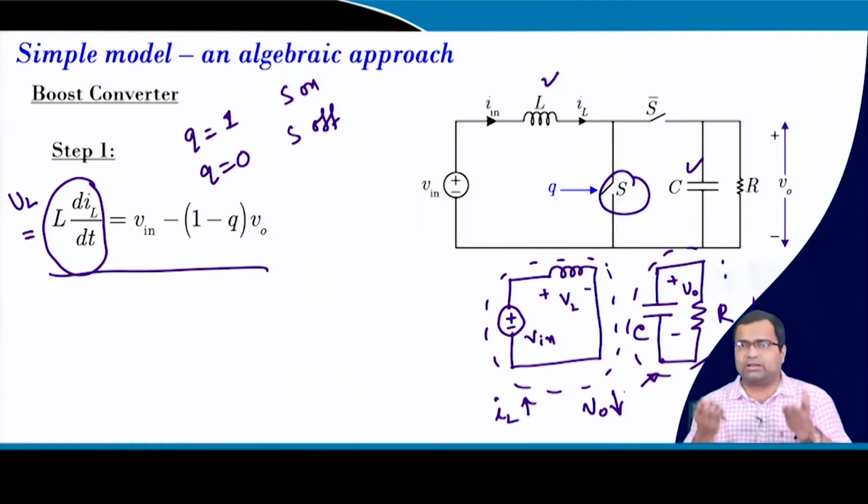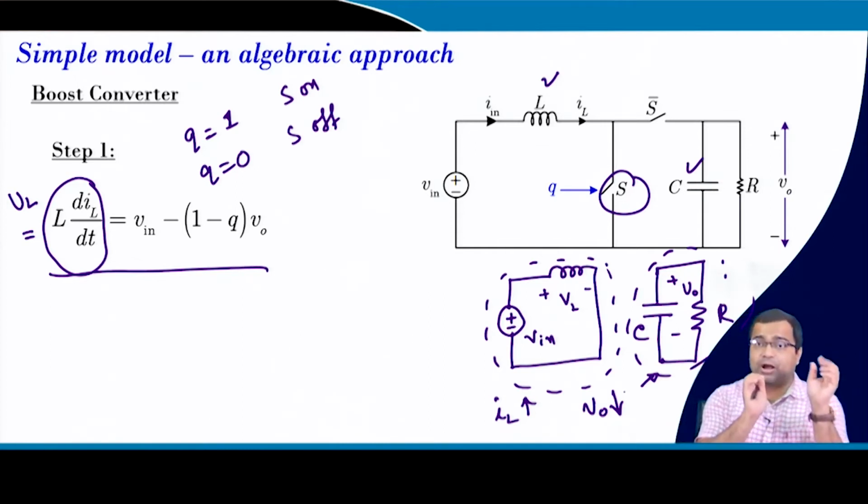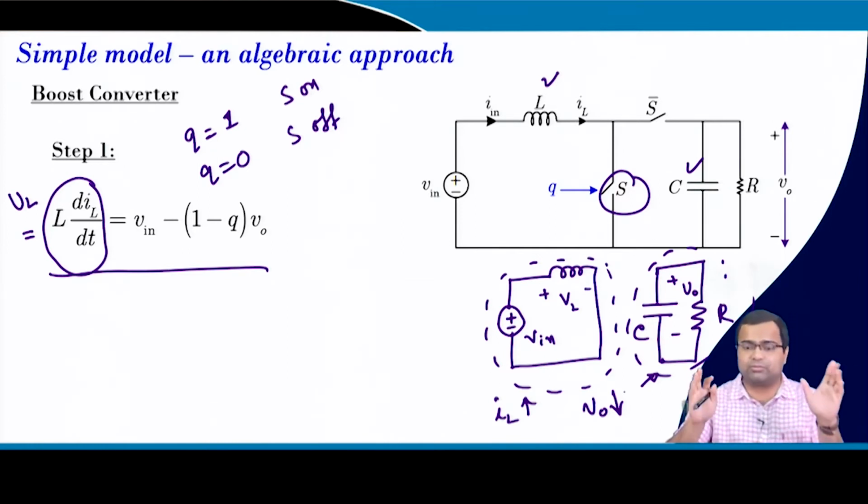Up to that point, voltage and current both will rise. That is why in a buck converter you will not get any non-minimum phase effect or any right half plane zero, because we saw in the small signal model of the buck converter there is no right half plane zero. But in boost we got it, and the reason is this.